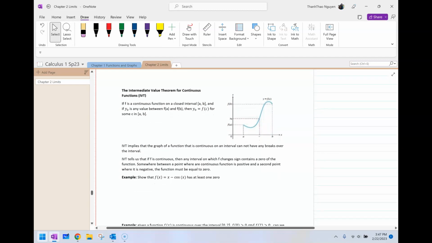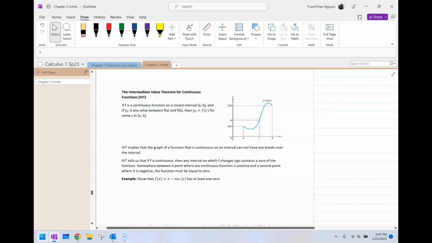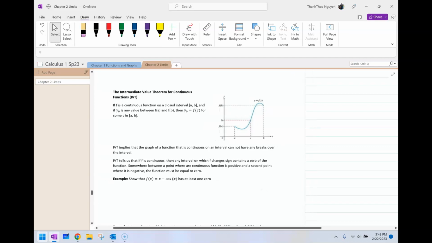We will use this continuous function to talk about the intermediate value theorem for continuous functions. If f is a continuous function on a closed interval a, b, and if y0 is any value between f of a and f of b, then y0 equals f of c for some c in the interval a, b.